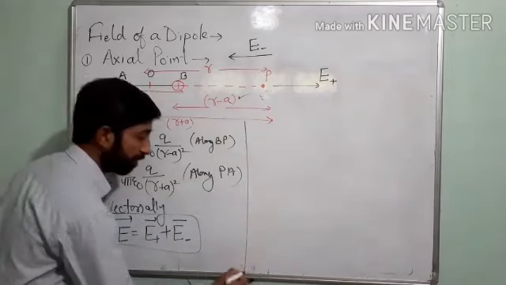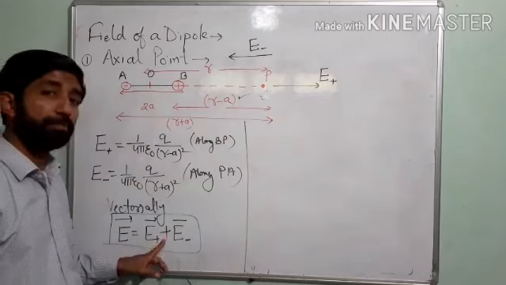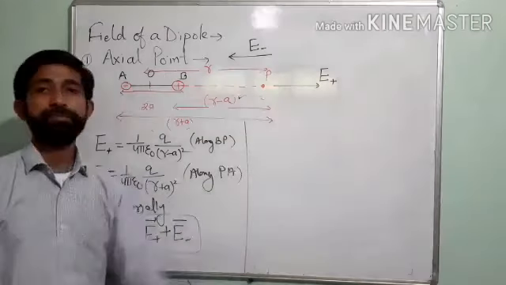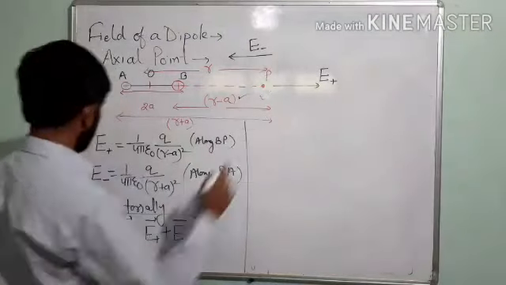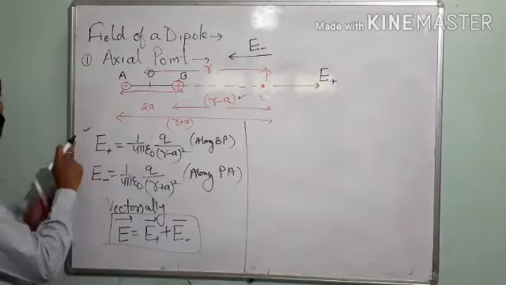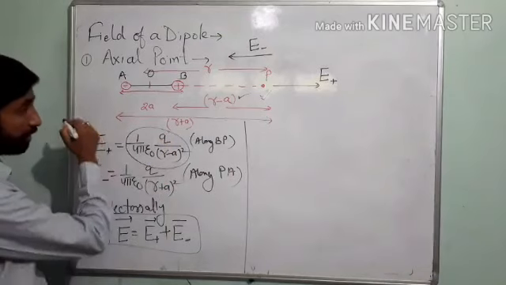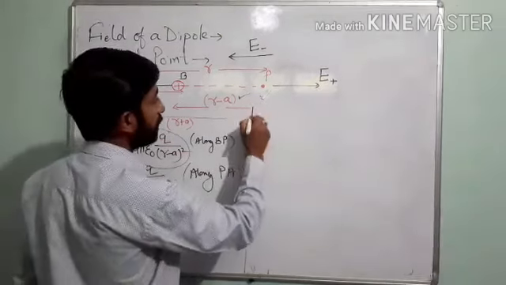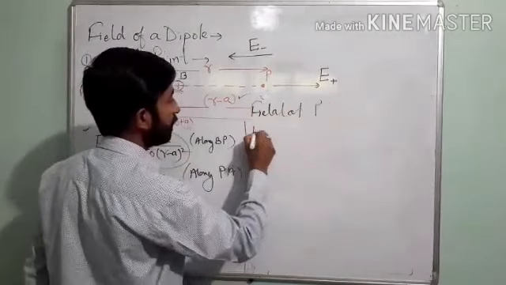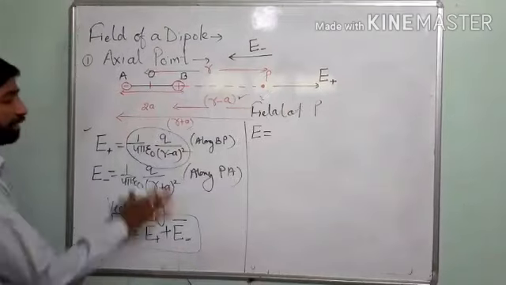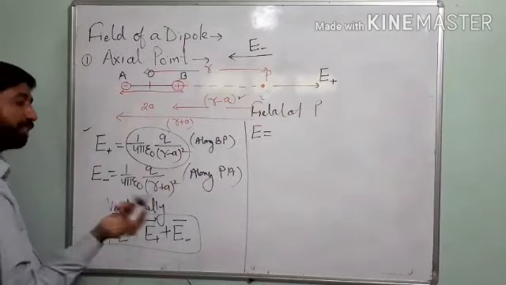Now in vector notations or equations we always put the sign of plus between the different quantities because they are vectorially added. Now remember, this is not a vector quantity. I have only taken its magnitude. This is the magnitude. This is the magnitude. Now the field at P, E, obviously this will be dominating because its denominator is smaller, remember this, and everything else is the same.